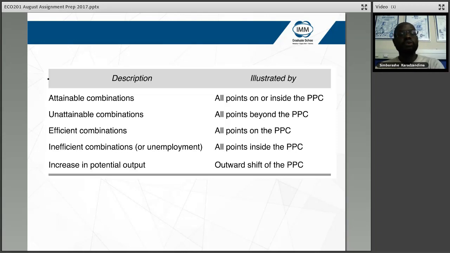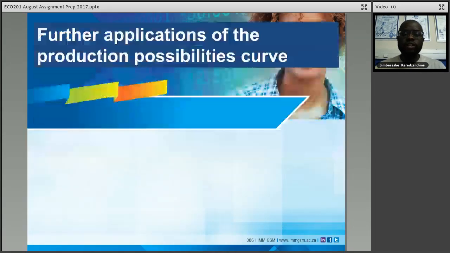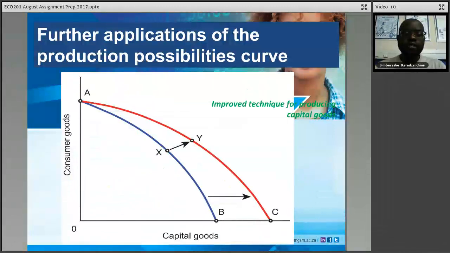Then we want to look at now increasing potential output, where now our PPC can shift outwards. Right? We want to see the reasons. So in the long run, things might change. Right? So you can actually find that workers have now become more efficient in the production of either one of the goods or in both goods.